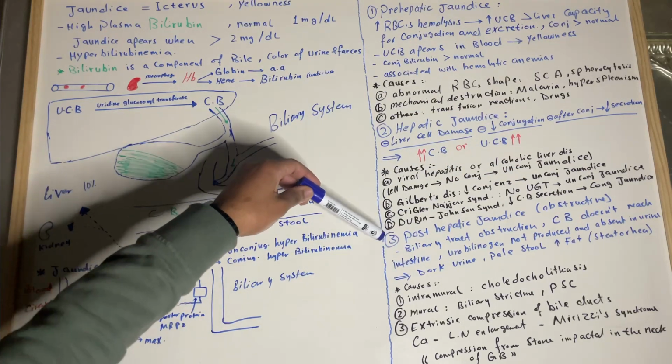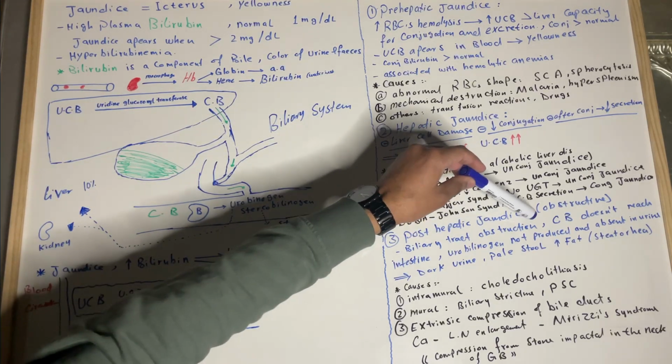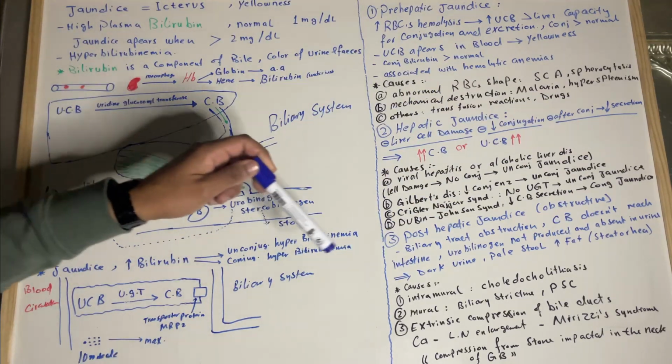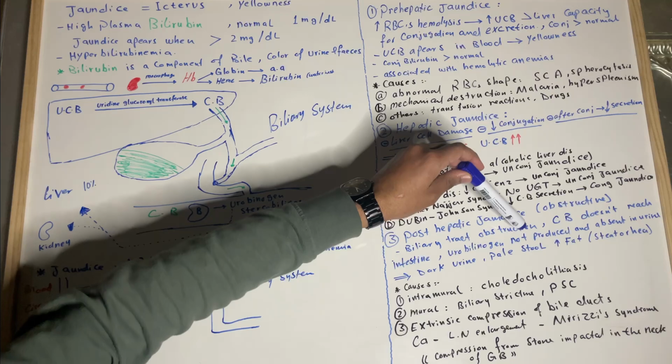The third type of jaundice is post-hepatic jaundice, or what we call obstructive jaundice. In this state, we have biliary tract obstruction.